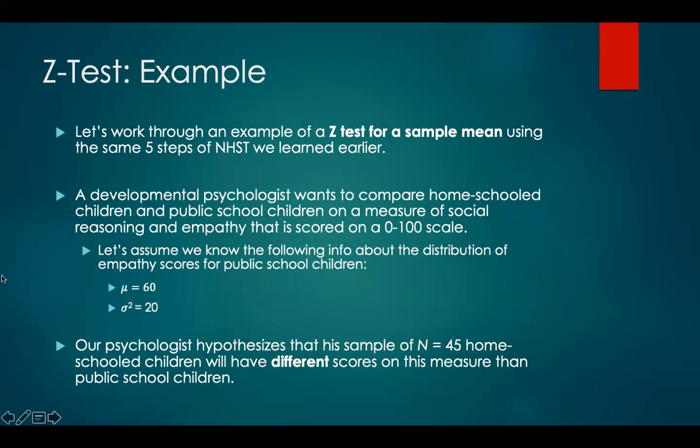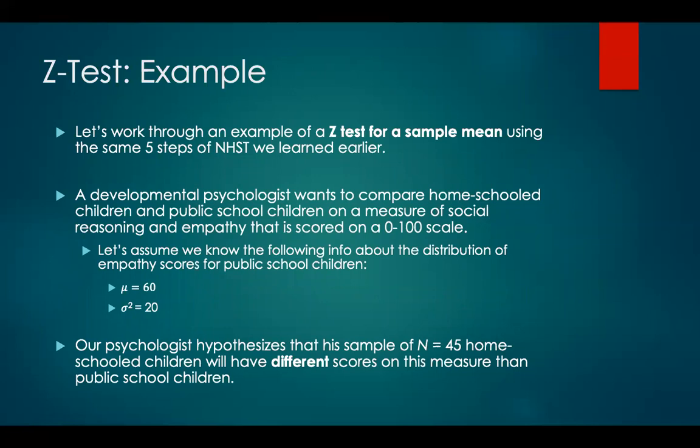Now let's work through an example of a z-test for a sample mean using the same 5 steps of null hypothesis significance testing we learned earlier. A developmental psychologist wants to compare homeschooled children and public school children on a measure of social reasoning and empathy that is scored on a 0 through 100 scale.